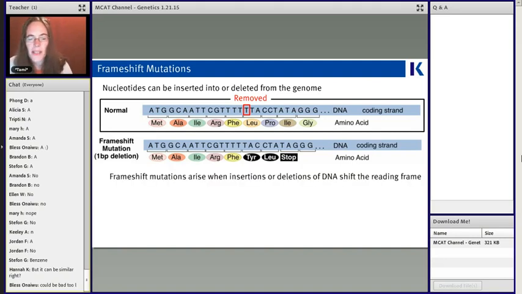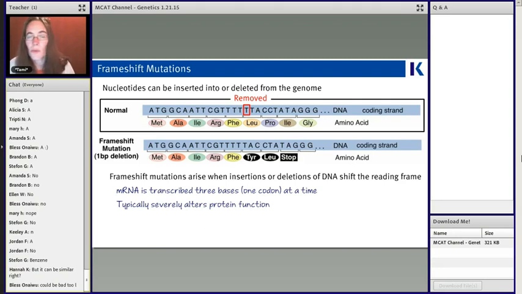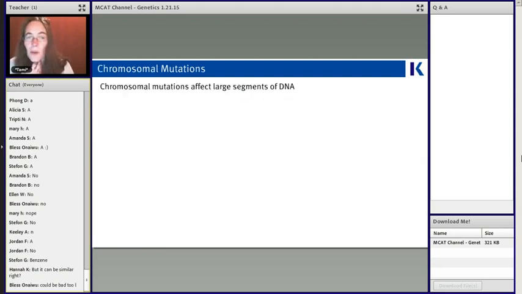So this arises when we either insert or delete a nucleotide. Changes the reading frame. This is not good. Every amino acid that's there after that is different, and it's going to either alter it or it's going to truncate it. In many cases, there's a stop codon.